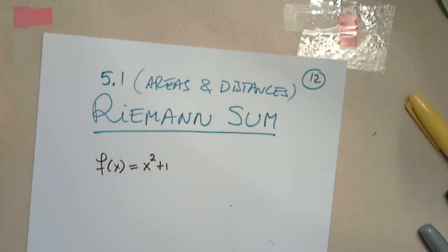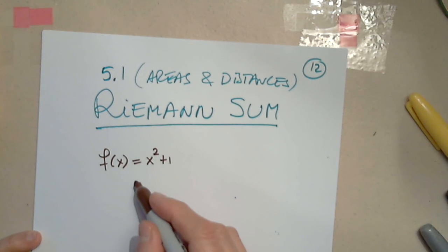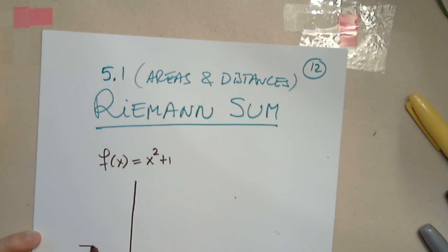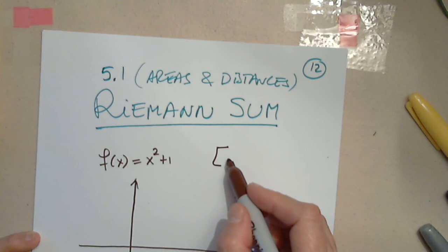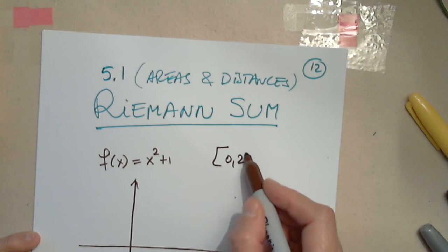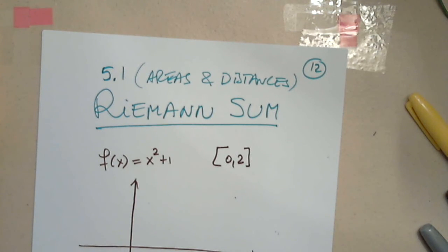Okay. So let's take a look at this function. If I graph it, I'm only interested in the interval 0, 2. I don't want to graph the function everywhere. I know how to graph this, right? It's x squared up 1. But I'm interested to graph it only between 0 and 2.